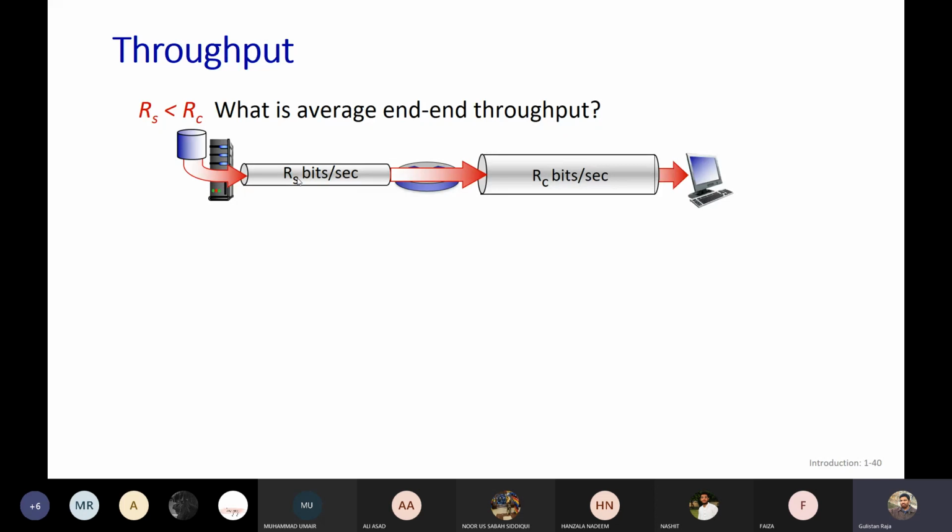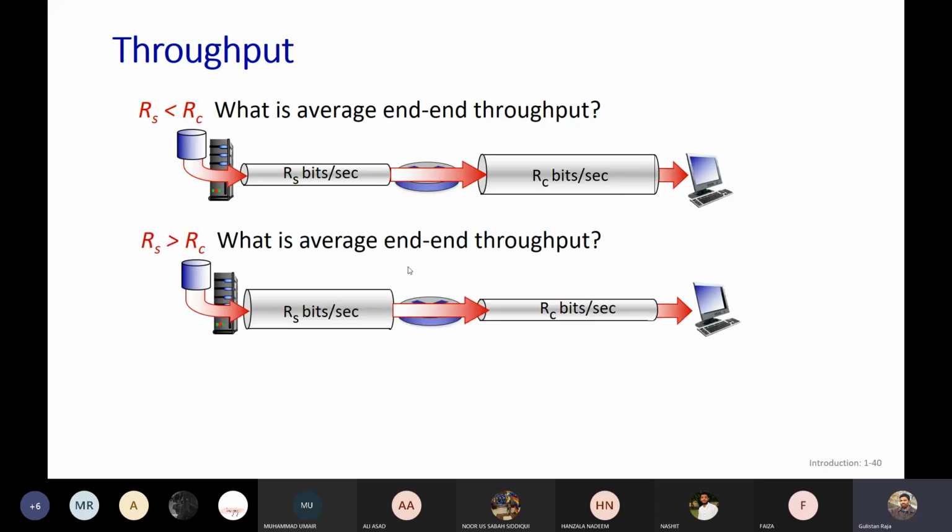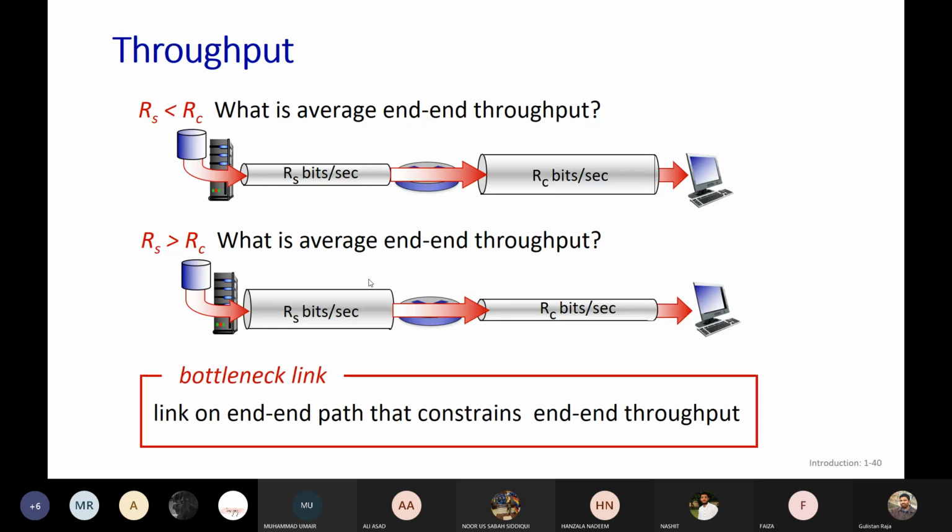Here Rs is smaller in volume and Rc is greater. So what is the average end-to-end throughput? What will the average be? Now the scenario is that Rs is greater than Rc. So what is the average end-to-end throughput? Sir, whichever is smaller will be the throughput. Will there be any difference between the two cases? No sir, there will be no difference. So yes.